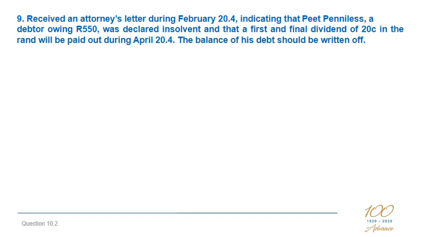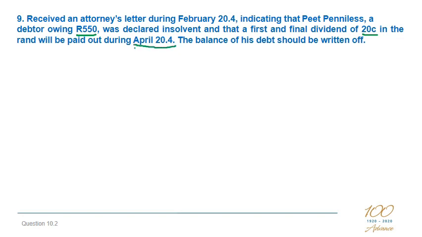Number 9, we received an attorney's letter during February, again in this year, indicating that Piet Penniless, a debtor owing us 550, so the total debt was 550, was declared insolvent, and a first and final dividend of 20 cents in the rand will be paid, but only during April.